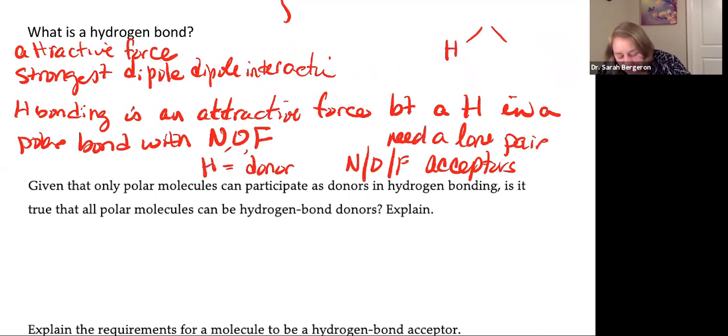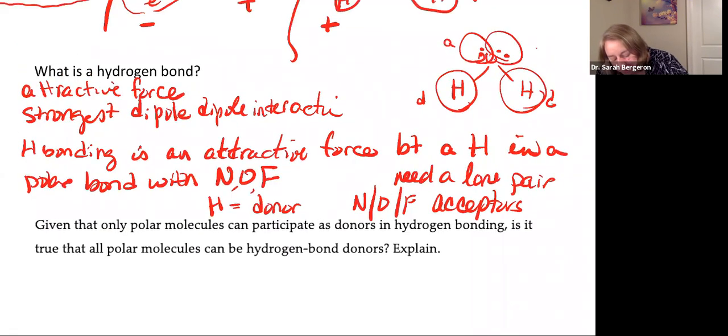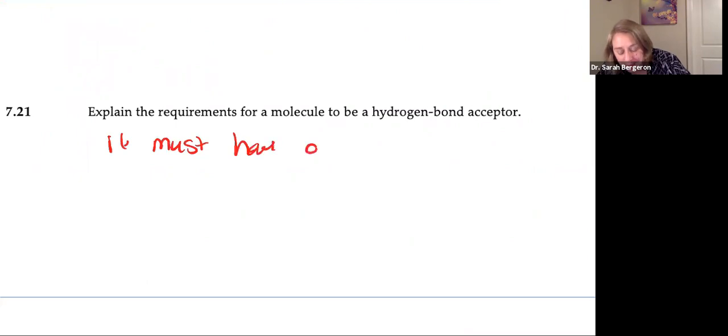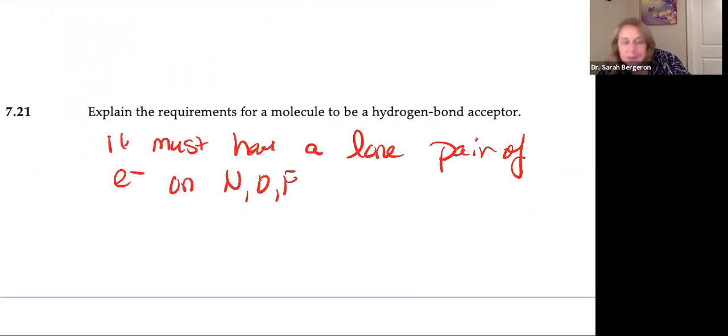Like water, the hydrogens here are the donors, and then this oxygen has 2 lone pairs. So this is one acceptor and this is one acceptor. Okay, explain the requirements for a molecule to be a hydrogen bond acceptor. Not a donor, an acceptor. It must have a lone pair of electrons on nitrogen, oxygen, or fluorine.